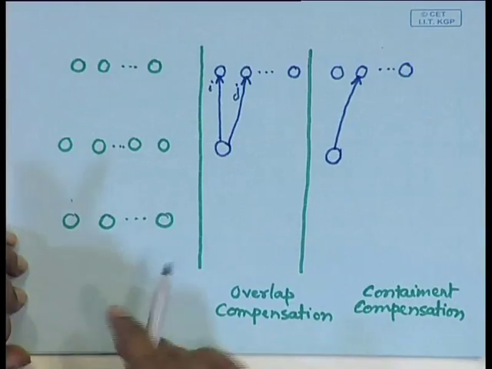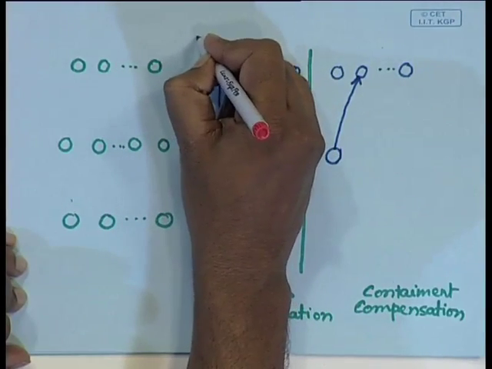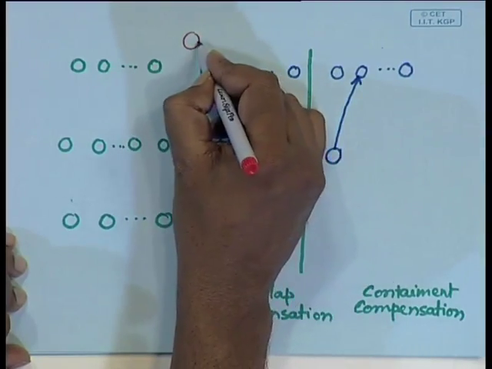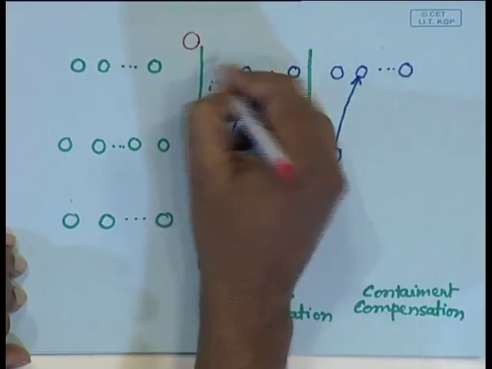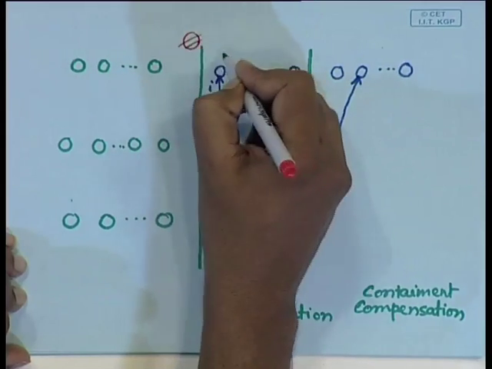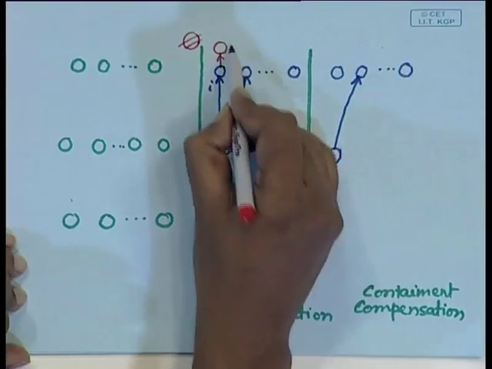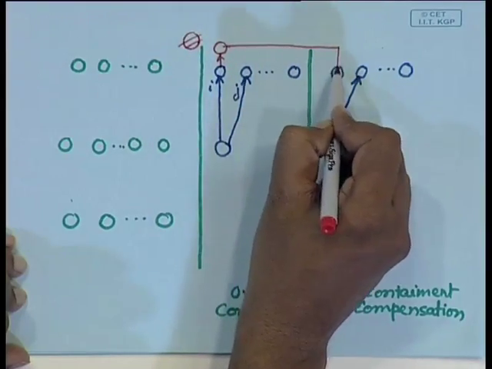Okay. So, I will have to combine the outputs of these compensation neurons. So, I have to have a number of combiners. Okay. I will combine the output of this and the output of this.